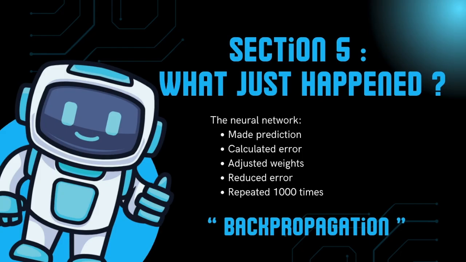We did not tell the model if hours is greater than 5, then pass. No, we only gave examples. The neural network then made predictions, calculated error, adjusted weights, reduced that error, and repeated 1,000 times. This process is called back propagation.